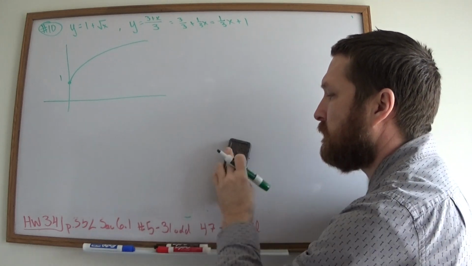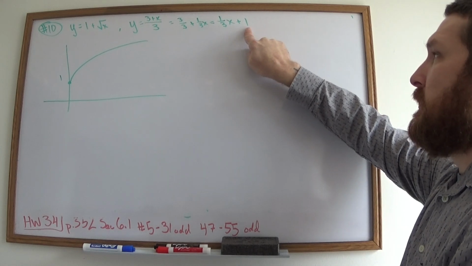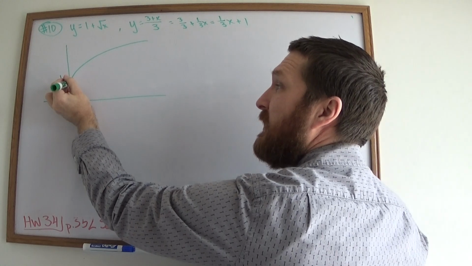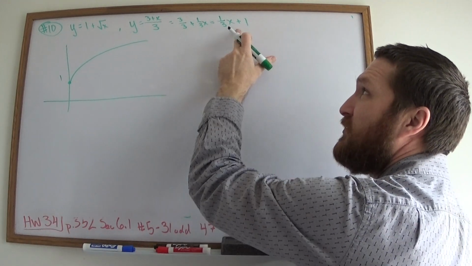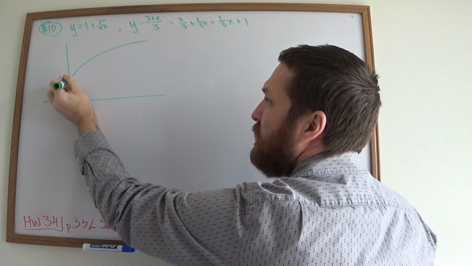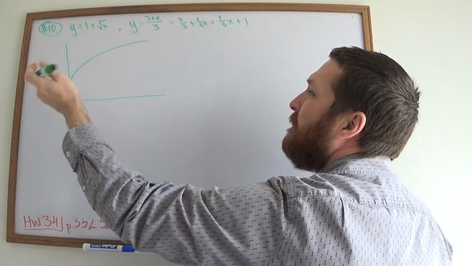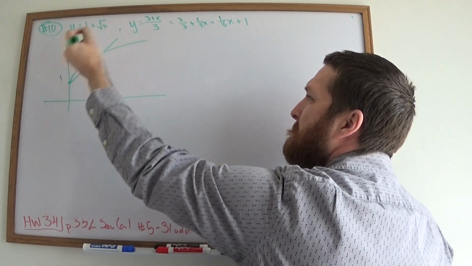Now, 1/3 x plus 1 is a line. It goes through right here. See what I mean? I have a point there, and I can be certain that when I plug in a 0, it comes out here. The only question is, does it go up like this or down? Well, it's 1/3, so it's going to look something like this.